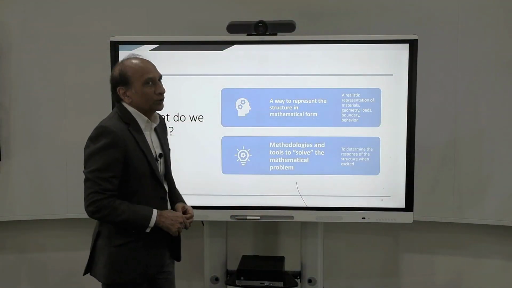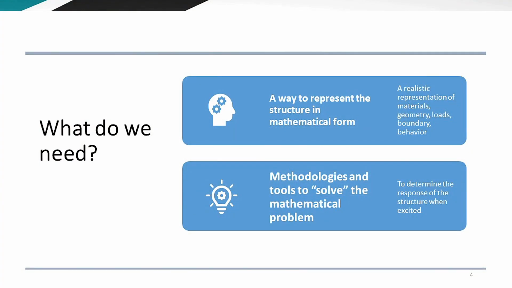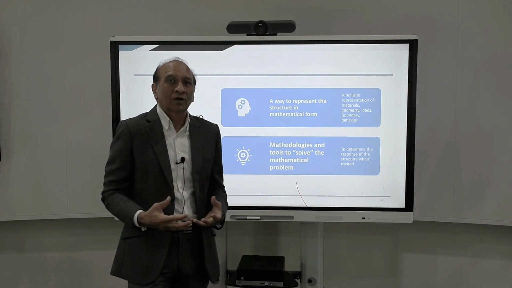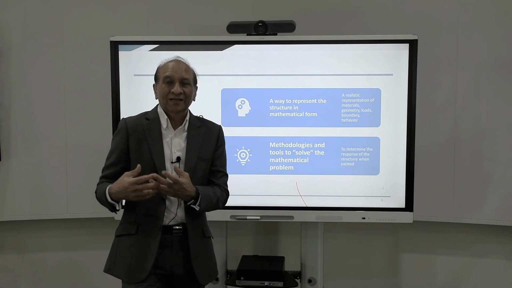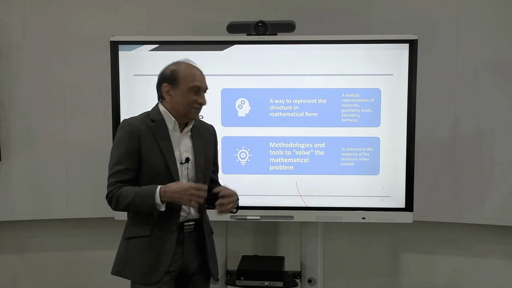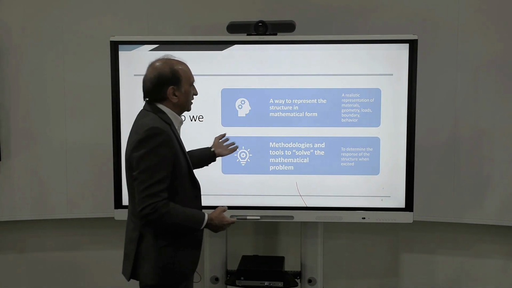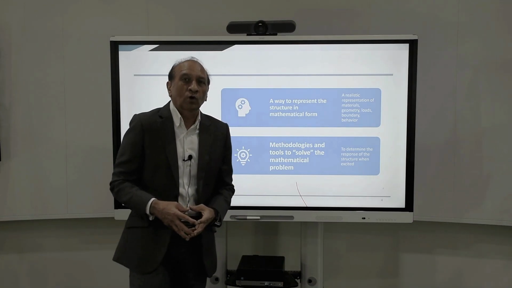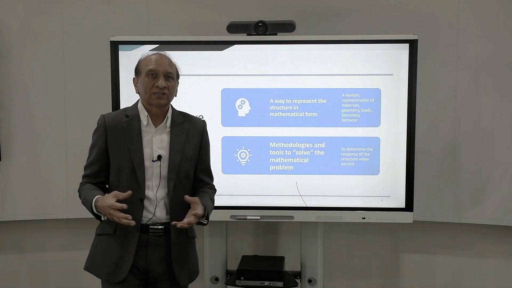Basically, we need two things to do this. First of all, we need a way to represent the structures mathematically properly. That means we need a model of a structure which is realistic in terms of the structure that we are trying to analyze. And the second is that we need tools and methodologies that can help to solve this structure, give us the response that we're looking for.